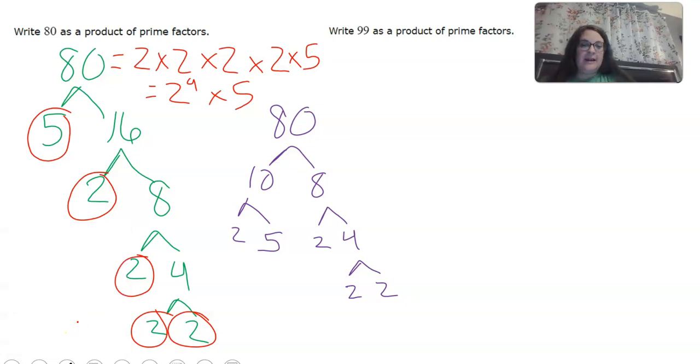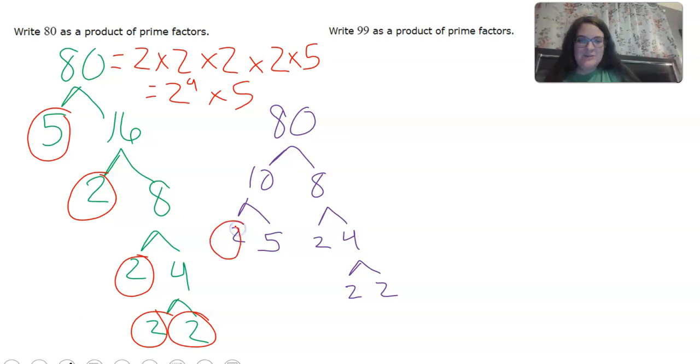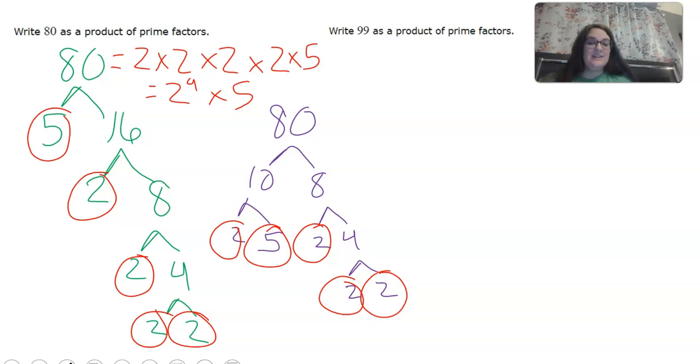And then when you go back and search for your prime numbers, you can find 2 times 5 times 2 times 2 times 2. So you can see that you still have 1, 2, 3, 4 2's times 5. So there's always more than one way to do the problem.